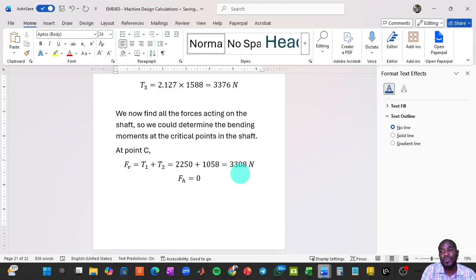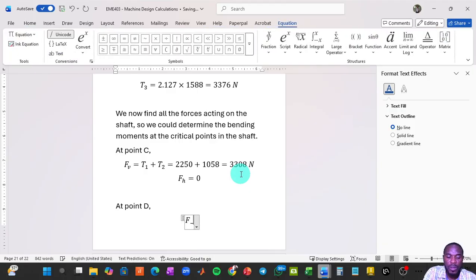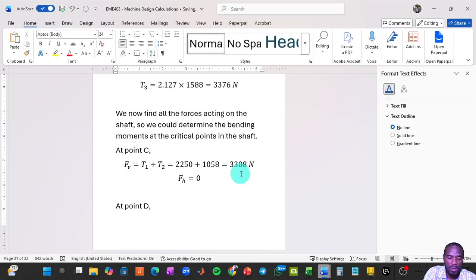And then I will probably come back to point C. At point D, the vertical forces that are acting at point D are 0.